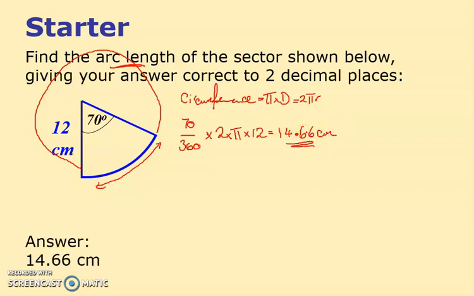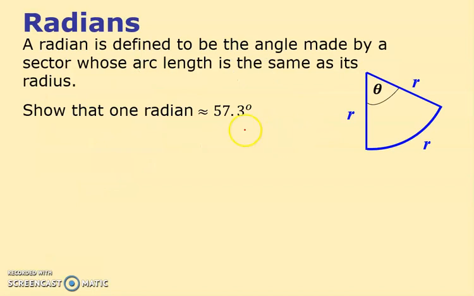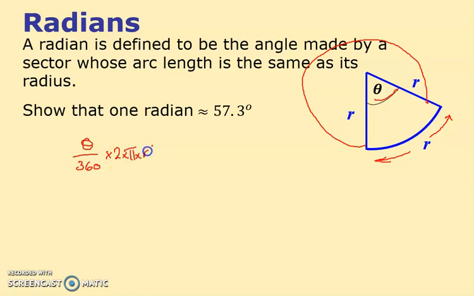So there's my answer. Now, if we use that basic idea, we're going to define a radian to be such that the arc length is r. So what we were just doing, we said the angle, in our case was 70, but in this case the angle is theta, over the total angle, 360, times by the distance that you'd get if you did the whole circle, 2 times pi times r.